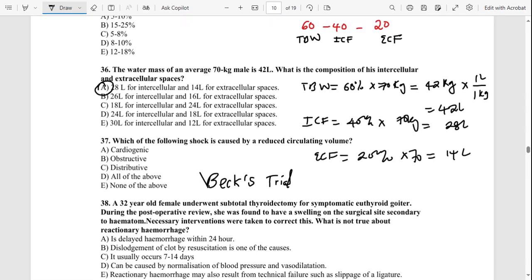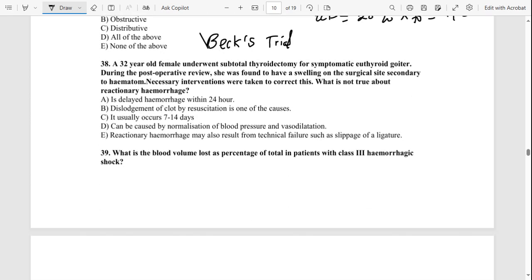All right. Number 38. A 32-year-old female underwent subtotal thyroidectomy for symptomatic euthyroid goiter. During the postoperative review, she was found to have a swelling on the surgical site secondary to hematoma. Necessary interventions were taken to correct this. What is not true about reactionary hemorrhage?